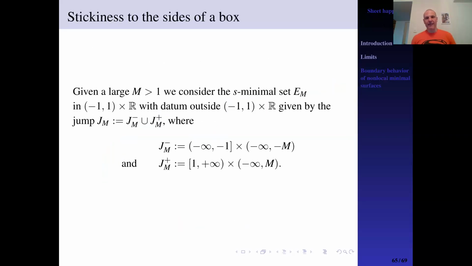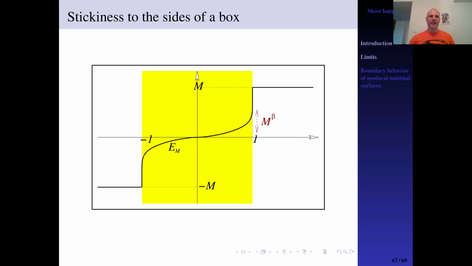And then I'm not going into the details, but stickiness is a general phenomenon. So you can also have stickiness to the side of a box. If you have your box and you prescribe data outside that are two half planes at a different height, one on the left and one on the right, well, the corresponding non-local minimal set will have vertical discontinuities at the boundary of the domain.